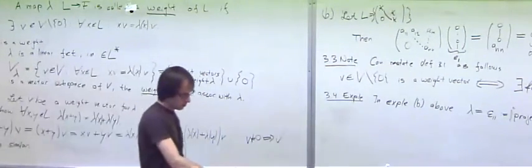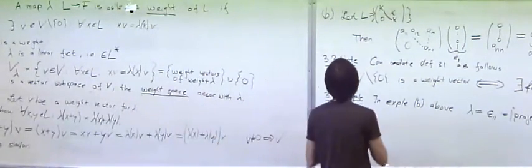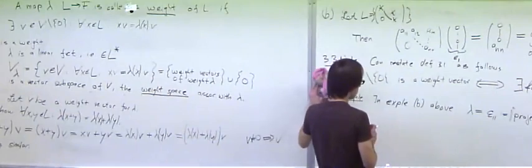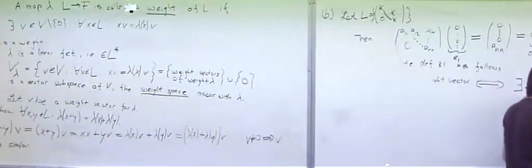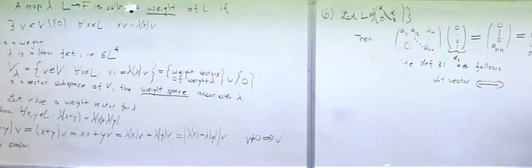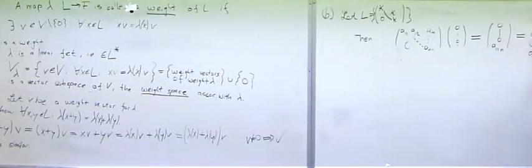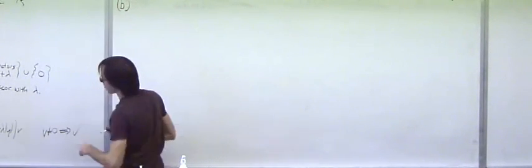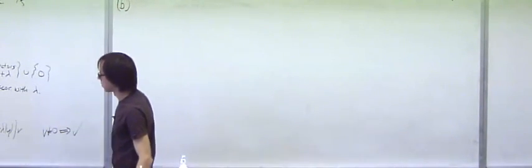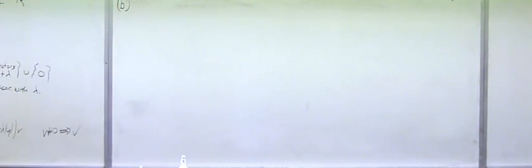Okay, next step is to consider the weight space, which is defined just as a set of simultaneous eigenvectors. So we have to show that this is actually a vector subspace. And as before, I'll just show part of the calculation.